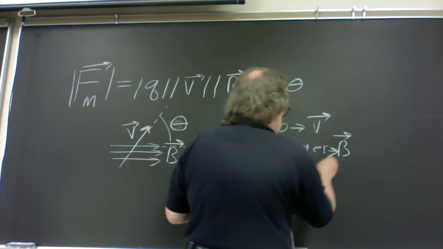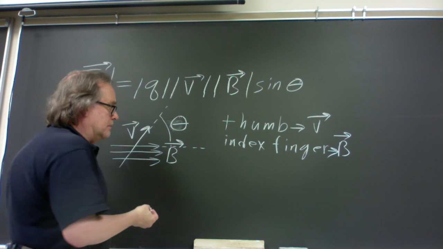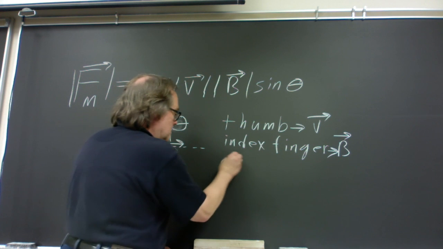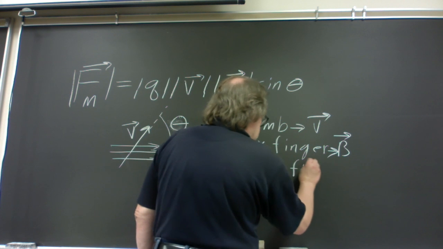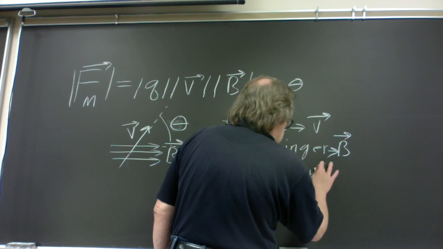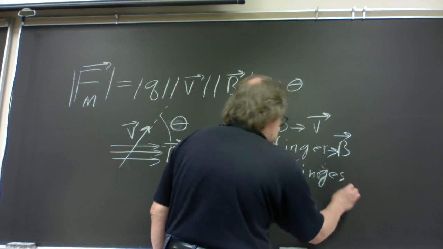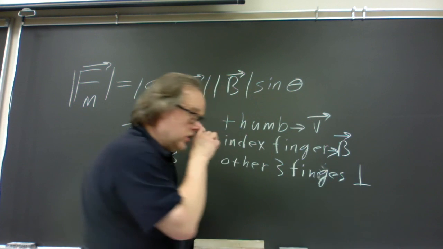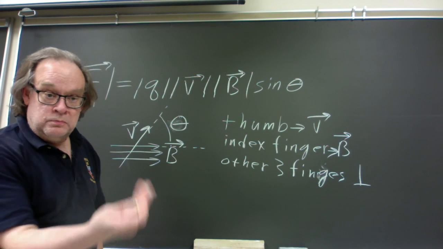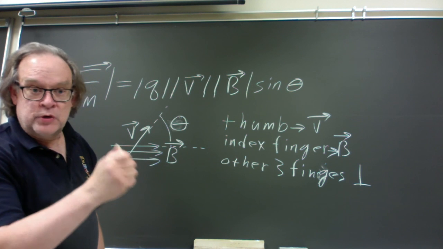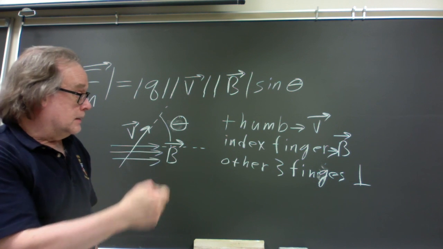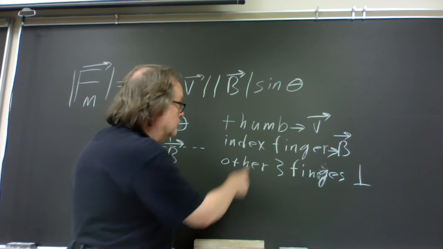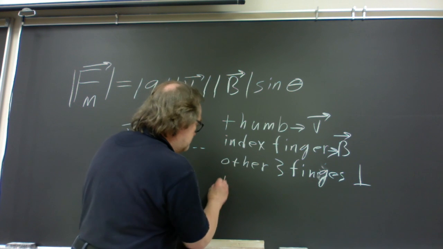Index finger points in the direction of the field, and then the other three fingers, keep them straight this time, don't curl them, rotate them until they are perpendicular to thumb and index finger.